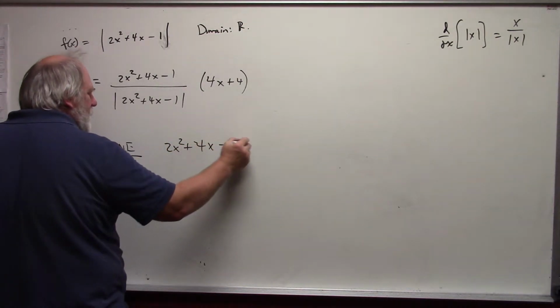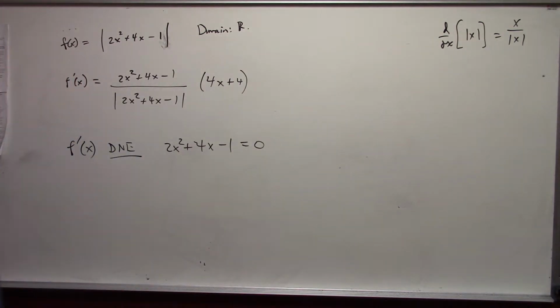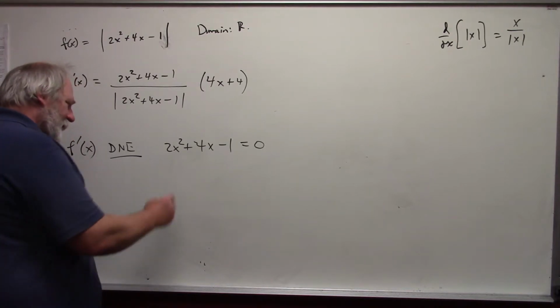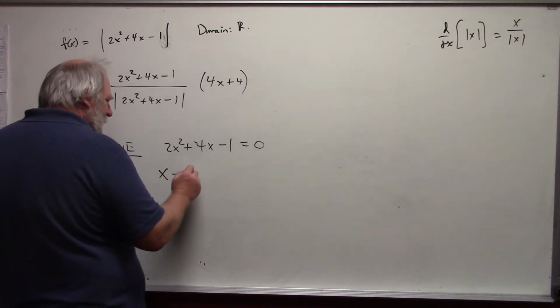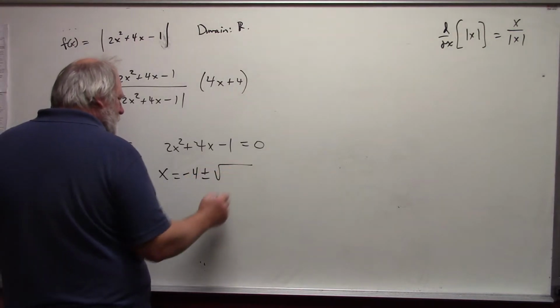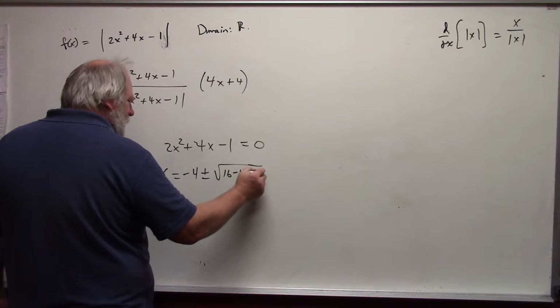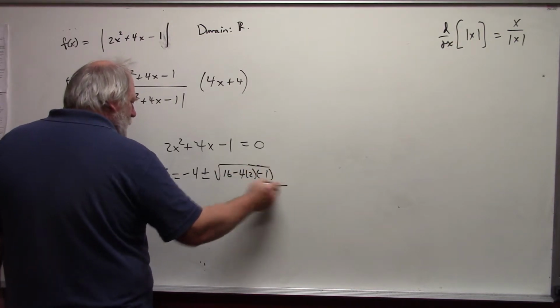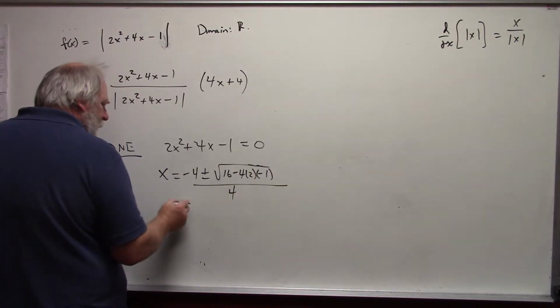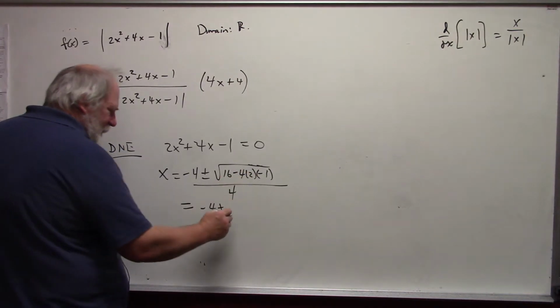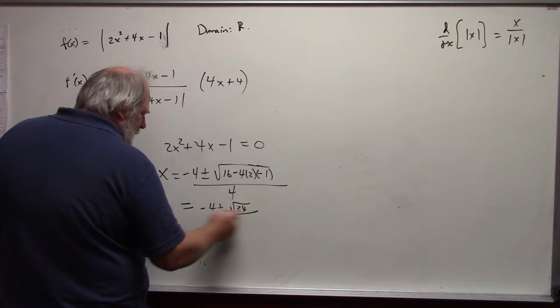So when that's equal to 0, this derivative is not going to exist. This does not factor nicely, but that's okay. We've got the quadratic formula. x then would be negative 4 plus or minus the square root of 16 minus 4 times 2 times negative 1 all over 4, which is negative 4 plus or minus the square root of 16 plus 8, which is 24.